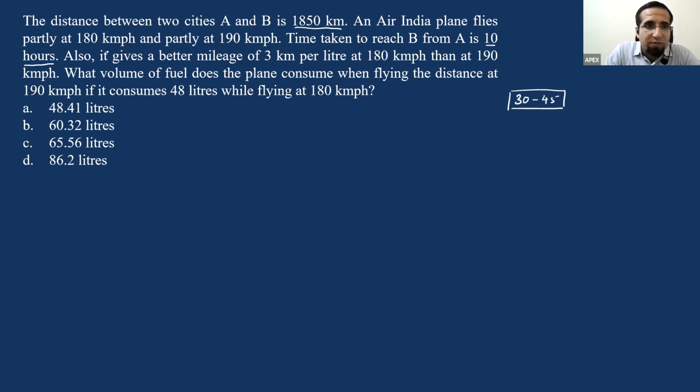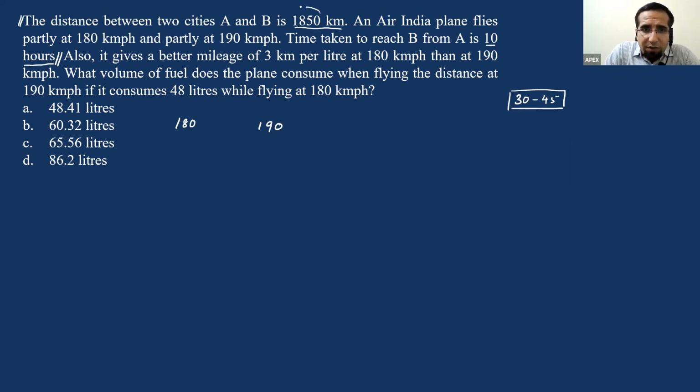If you see this part of the question, it talks about average speed as well, right? So we know that while going, I'm traveling at 180 kilometers an hour, and for the remaining part of the journey, I'm traveling at 190 kilometers an hour.